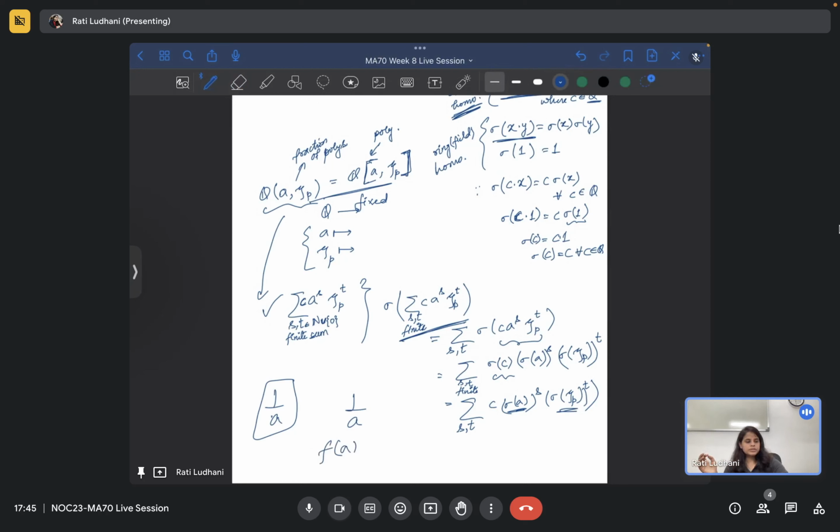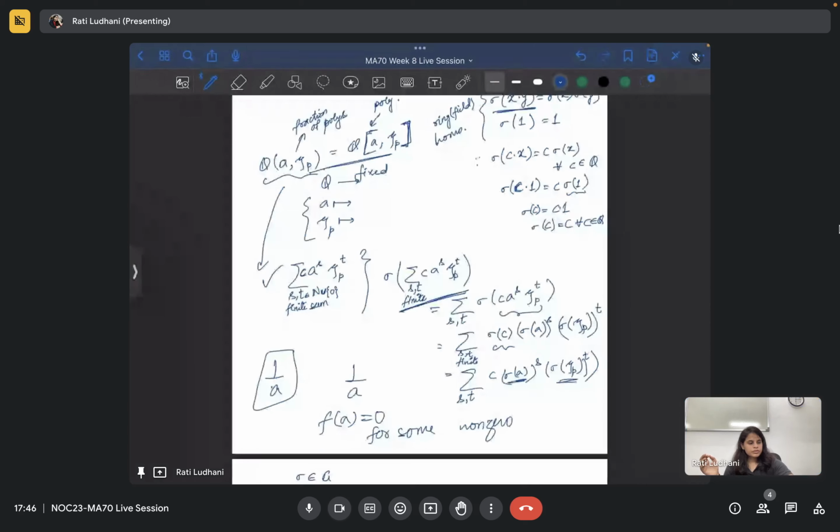So f of a will be 0 for some non-zero polynomial f, if it is algebraic. So for some polynomial f, we have this condition.